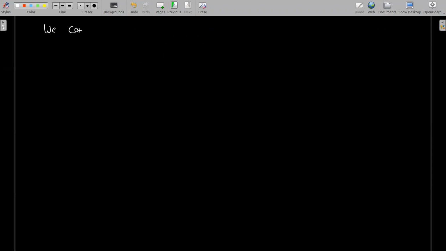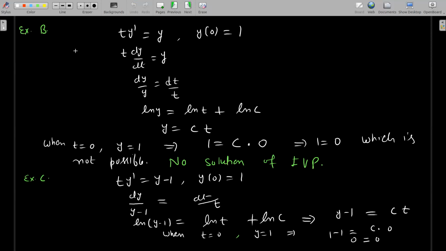Okay, we cannot determine C. So we have infinitely many solutions. Okay, I'll stop. Any doubt? So depending on the situation, either you have unique solution or you don't have any solution, or you may have many solutions as you are unable to find the constant C.